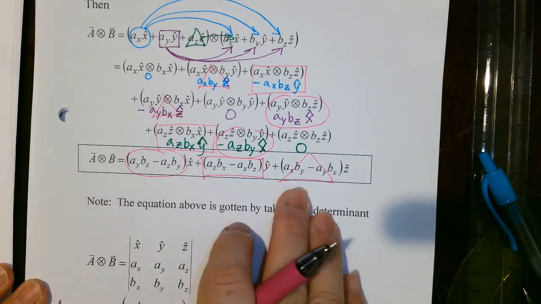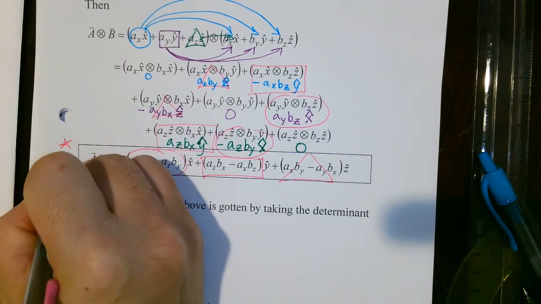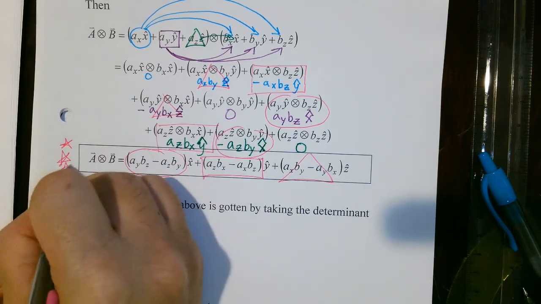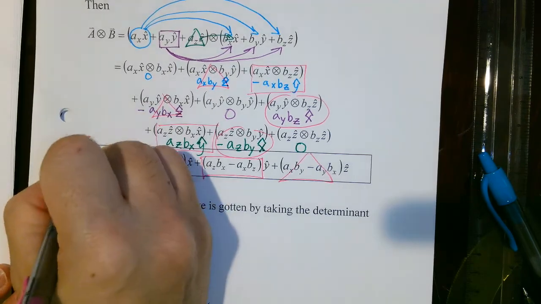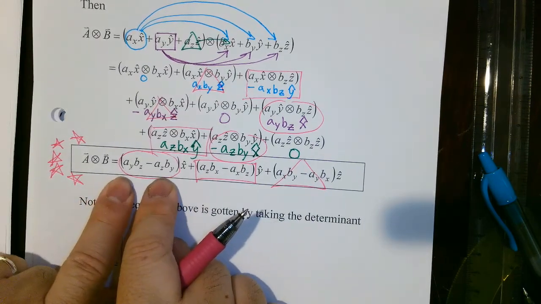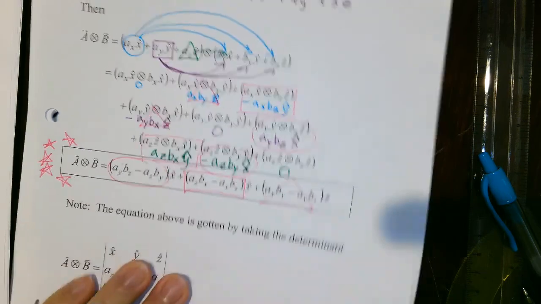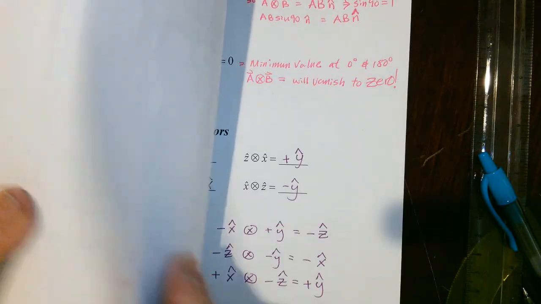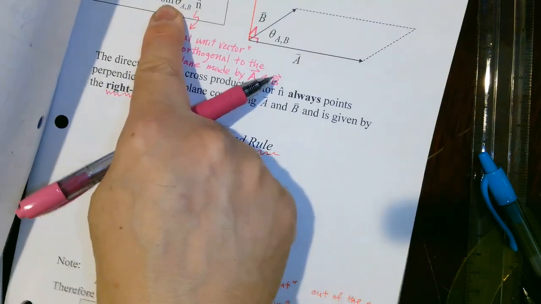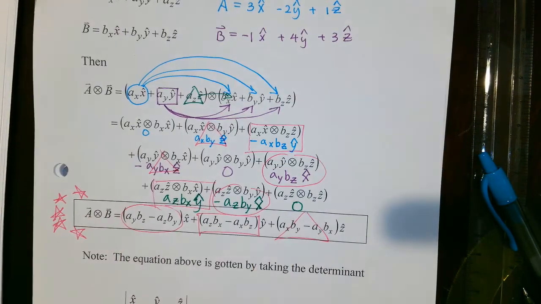So you can memorize this, or you could just say, you know what, I know that this rule exists, and I have now the second definition of my cross product. First definition was, AB sine theta n hat. I know this. Now I know this is a second definition.